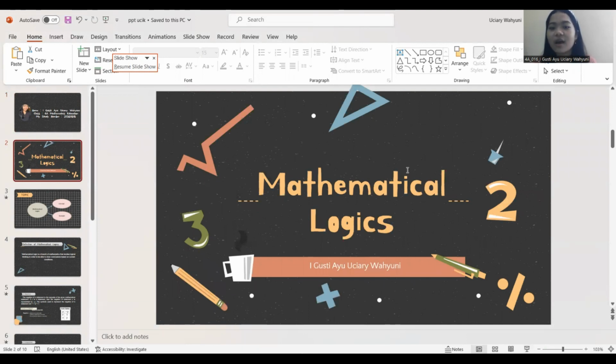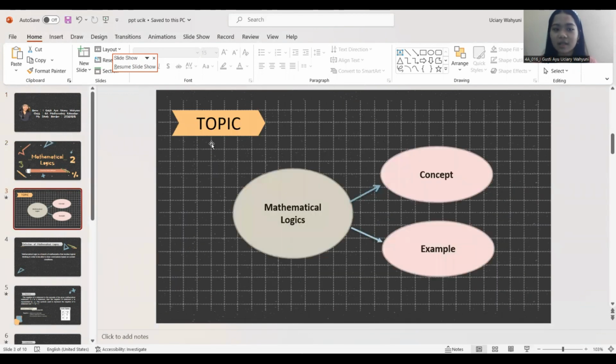Okay guys, now I will explain about mathematical logic. So what is mathematical logic? Before that, the topic now, in mathematical logic, I will explain about the concept and the example.